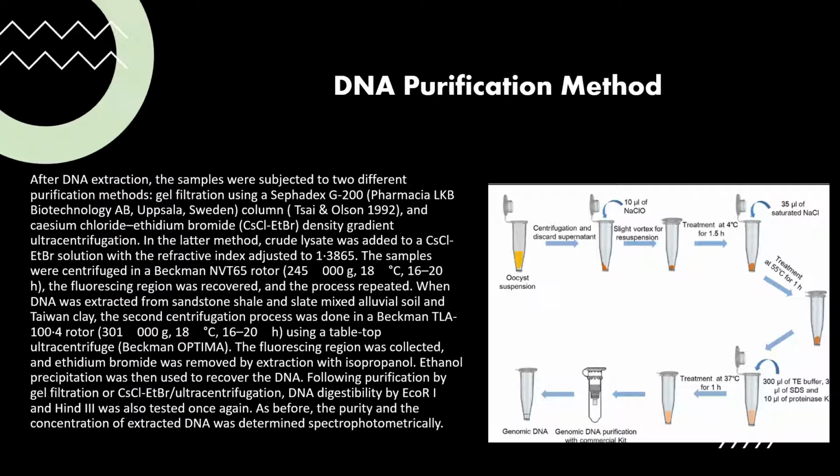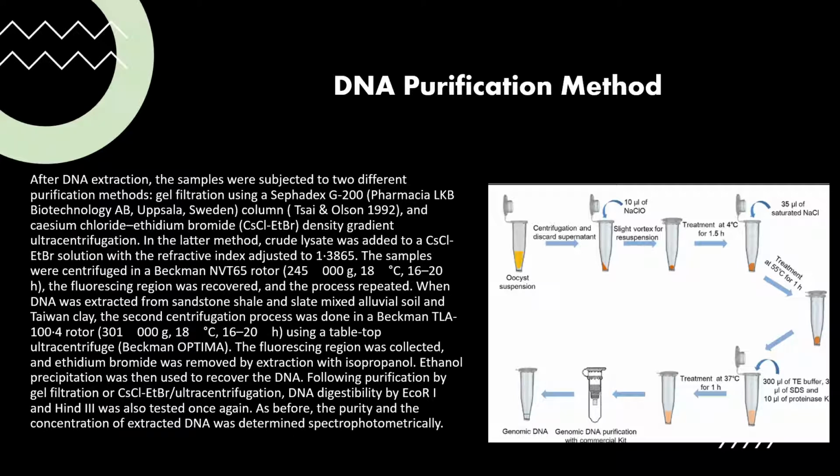NVT65 rotor. The fluorescing region was recovered and the process repeated when DNA was extracted from sandstone shell and slate mixed alluvial soil and Taiwan clay. The second centrifugation process was done in a Beckman TLA 100.4 rotor using a tabletop ultracentrifuge.